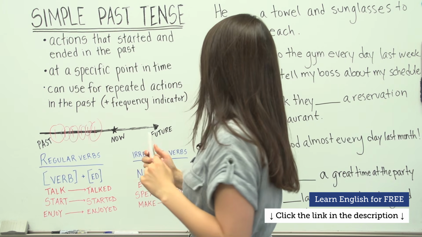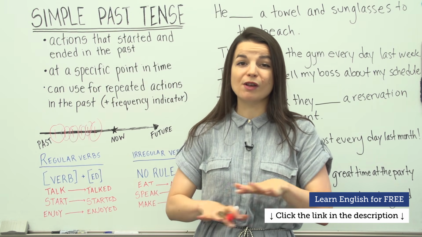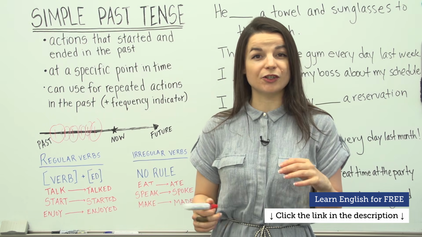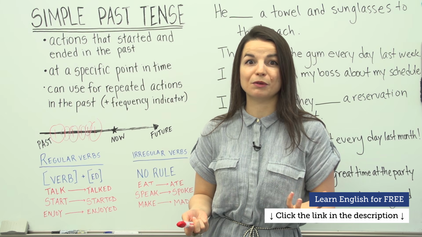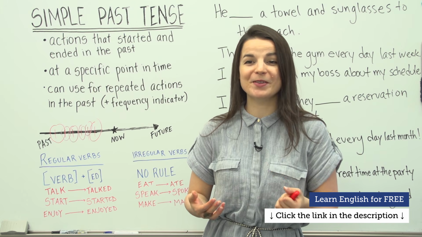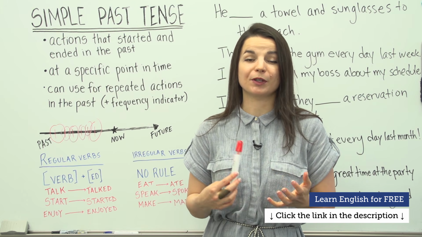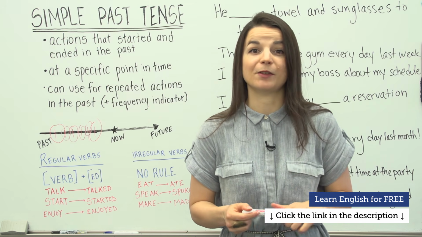Okay, but some verbs are irregular verbs. Irregular verbs do not have a simple rule for understanding past tense conjugation, how to change them in past tense. There's no rule for these. You simply have to practice. You have to remember them, read them, listen to them, until you can remember the correct conjugation, the correct way to change these verbs into the past tense.